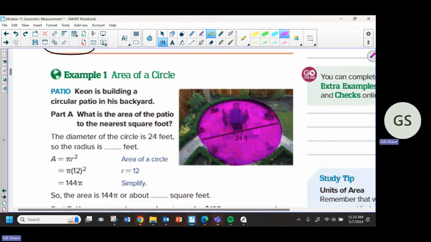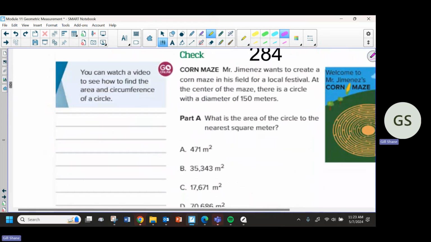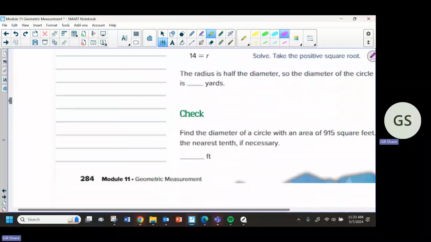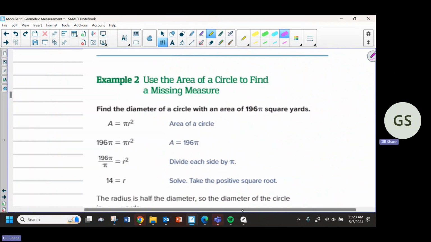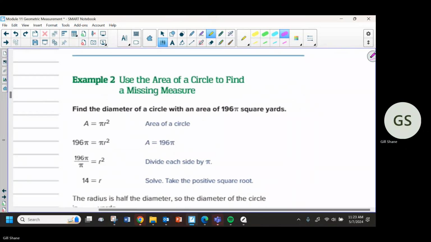All right, so here's the only piece that we're adding in. To find the circumference, the area, we use that formula. So the problem you're going to do today and moving forward is I want to know what is the area? I don't have a picture.